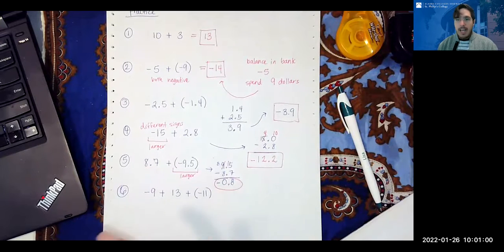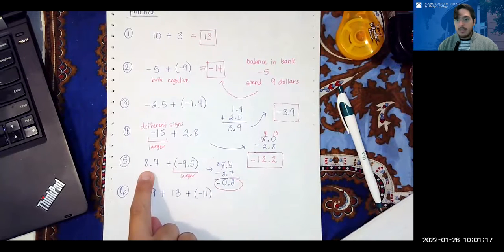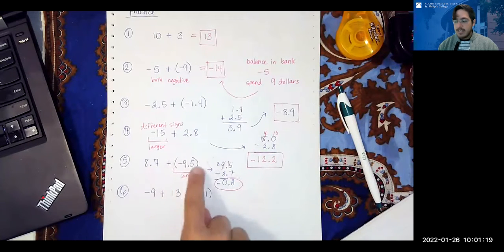But remember, when we're adding numbers with different signs, the rule is take the larger number, subtract the smaller one, keep the sign of the larger. So we took the larger number, which was 9.5, subtracted 8.7, and we kept the sign of the larger. Does that make sense?